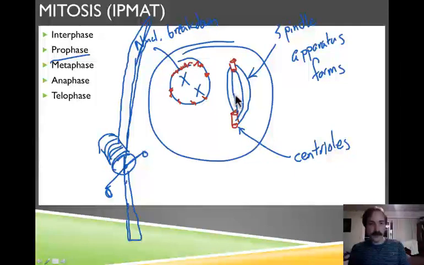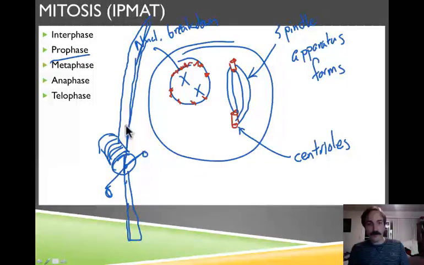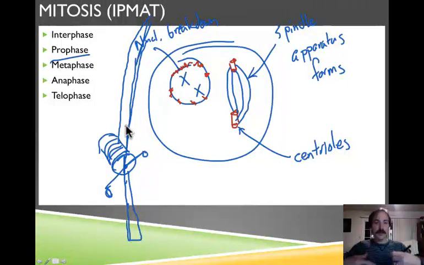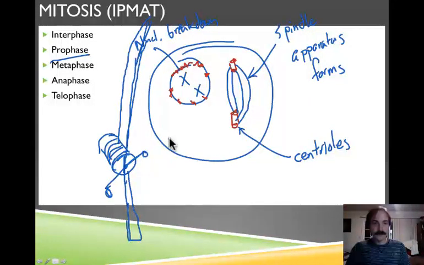And we'll see that these fibers have a function similar to a fishing pole in terms of reeling something in or letting something out. So what we've really done in prophase is we've broken down the nucleus, allowing the chromosomes to float free in the cytoplasm, and we've created something called the spindle apparatus.